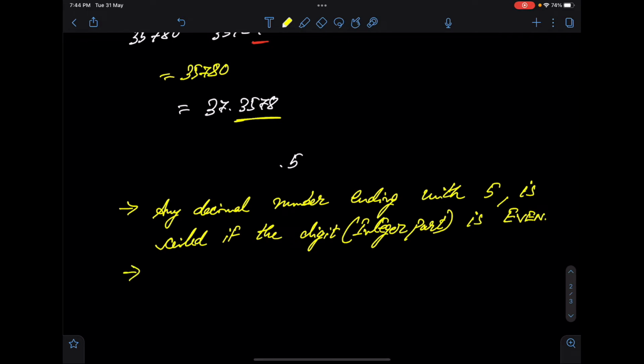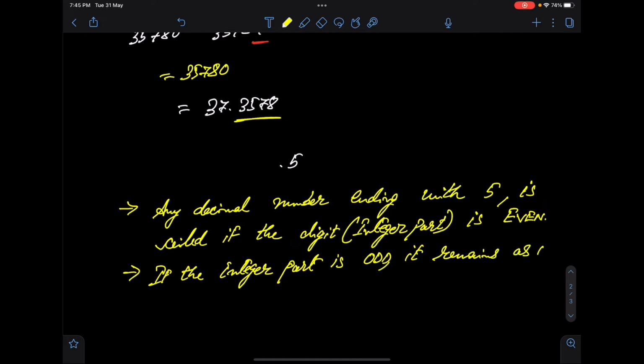If the integer part is odd, it remains as it is.